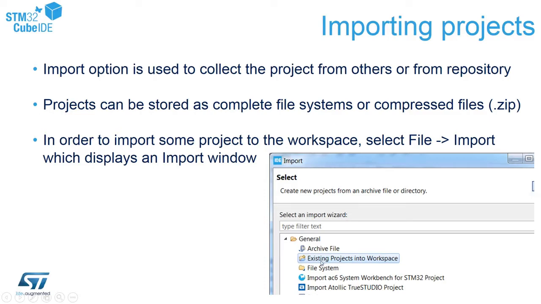Within STM32CubeIDE, you have an option to import an archive file, existing projects into workspace, so the CubeIDE projects, file system, import AC6 System Workbench for STM32 projects or Atollic TrueSTUDIO projects. In our case, we will try to import the same file we have just exported. So we'll select General, Existing Projects into Workspace.